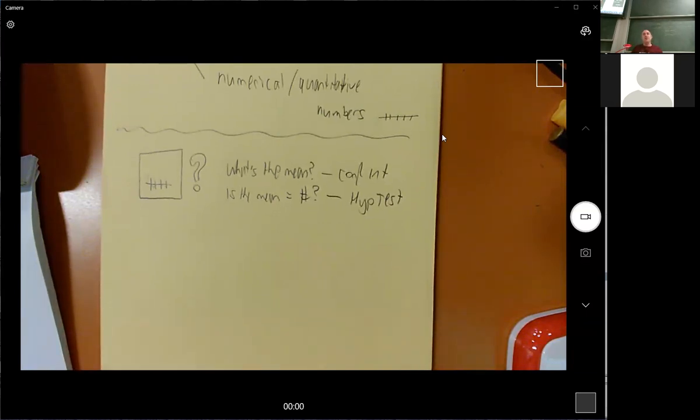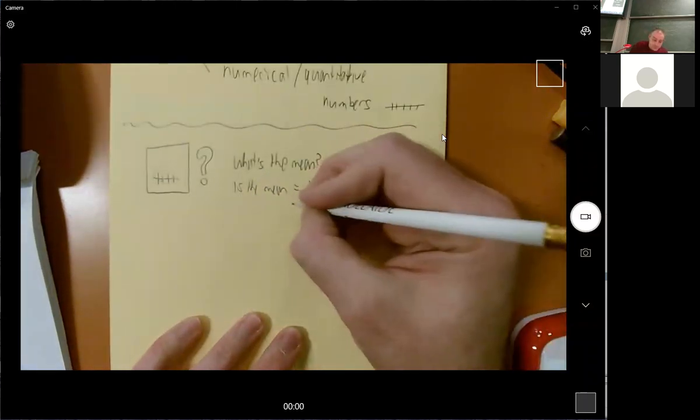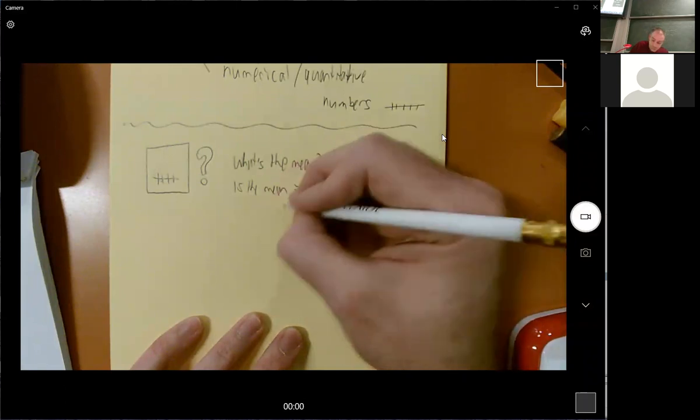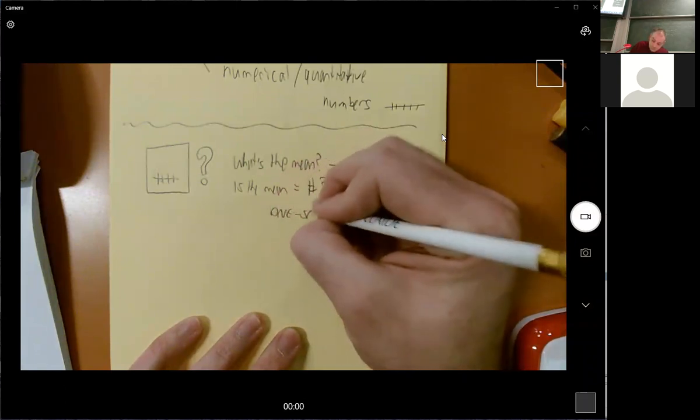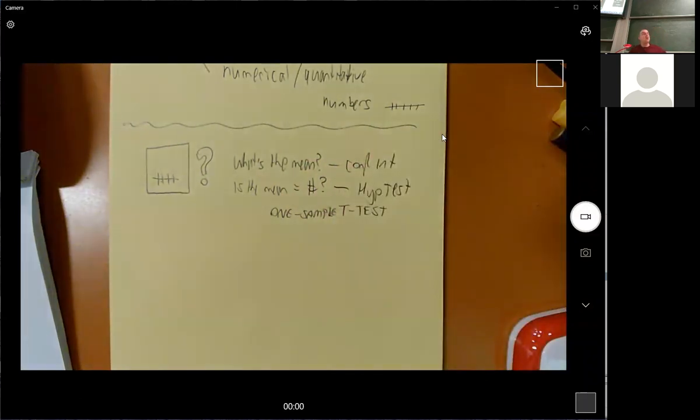Then that's what a t-test is for. A one sample t-test is designed for that situation. I have individual numbers recorded on my individual things, and I want to know what the mean is. And the t-test is for that. There is also a one sample z-test that goes with this as well.